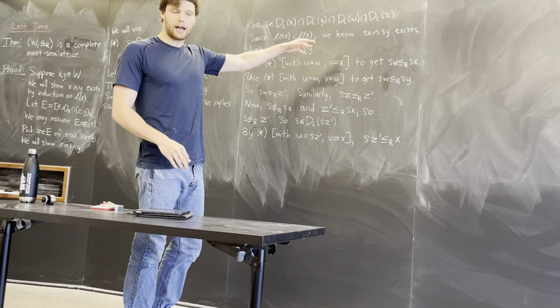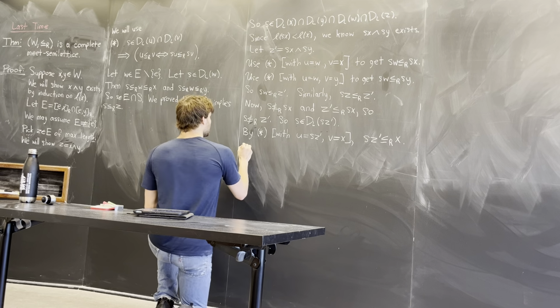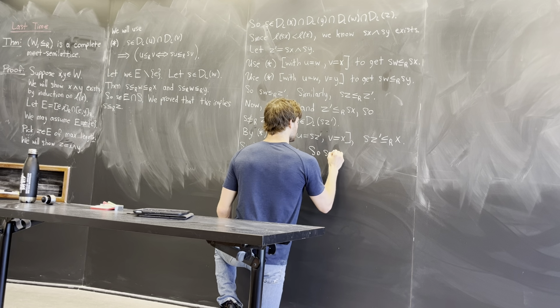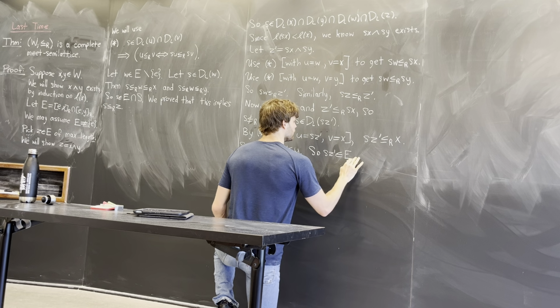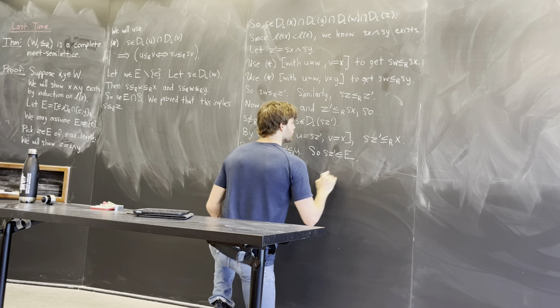But I could do the same argument with X replaced by Y to get, so similarly, SZ prime is less than or equal to Y. So that means that SZ prime is a lower bound for X and Y, so it's in capital E. But remember, we chose Z to be an element of capital E of maximum length.